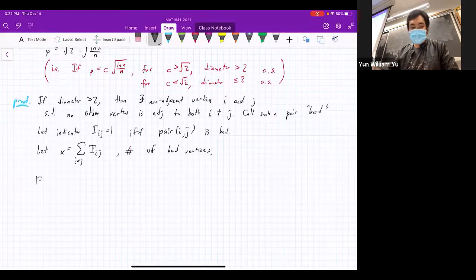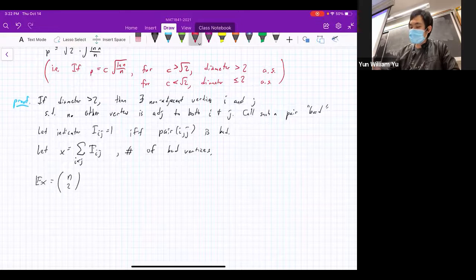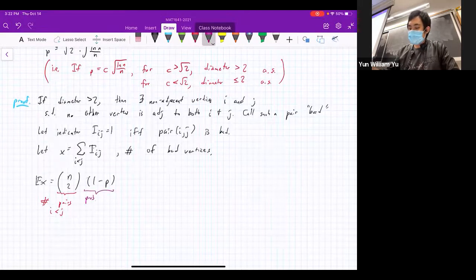So what's the expected number of bad pairs? Well, you have n choose 2, because that's the number of pairs, just the number of pairs total. And you need a factor of 1 minus p, because you need the probability that there does not exist an edge ij, so non-adjacent.